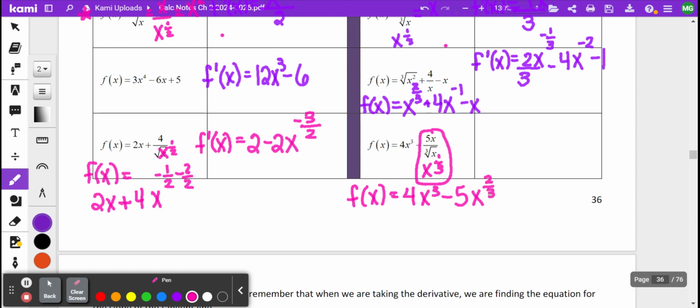And that is what we will take the derivative of. So when we take the derivative of the first term, we get 12x squared. So we have 12x squared minus 5 times 2/3. So we'll get 10/3 x to the, and now we have 2/3 minus 3/3, which is negative 1/3.